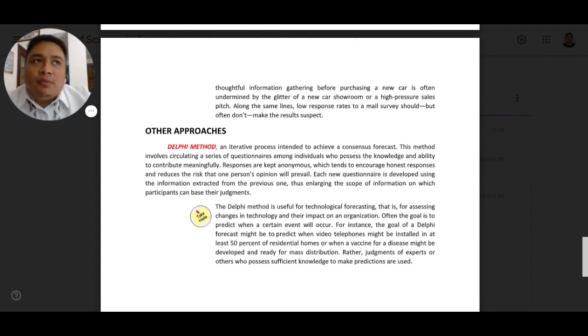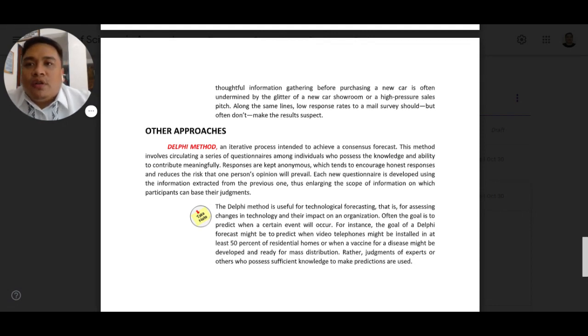It is as if they are doing research, doing a survey, which is important in order to understand how they would be able to create or develop a system or a product for the business organization. That's the purpose of R&D or research and development. That is what we call the Delphi method.